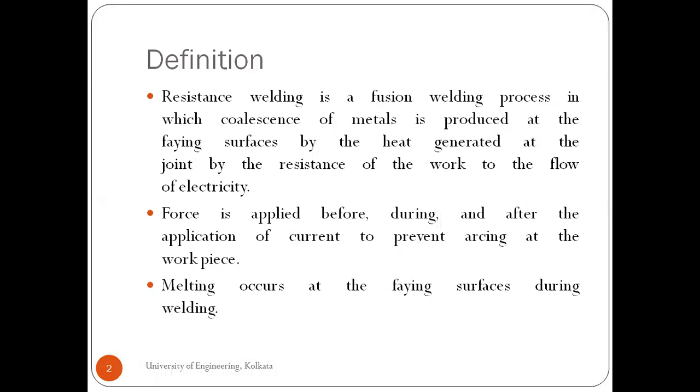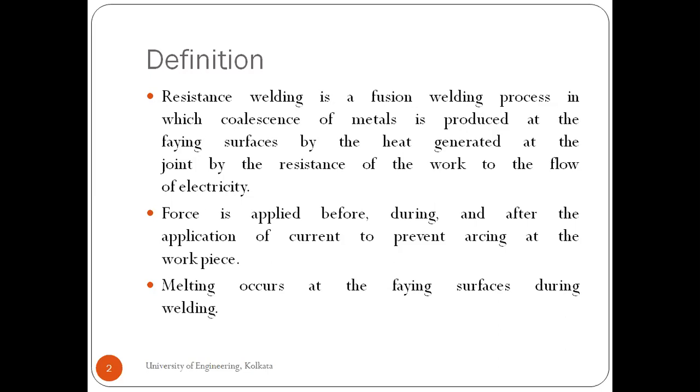So the workpiece acts as a resistance towards the flow of electricity through the electrodes, and the material gets heated and sticks to each other due to that amount of heat. There is a reason why the joining takes place: a mechanical force is applied after the current is passed through the workpiece, right?